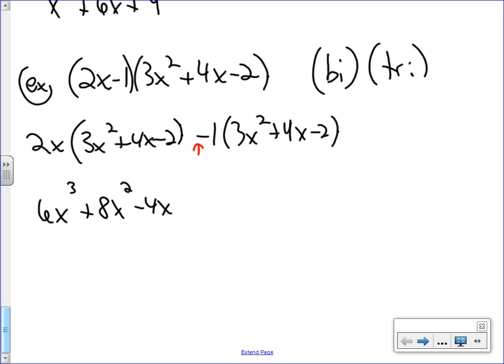Okay, it's negative 1 times the 3x squared, which is minus 3x squared, and negative 1 times the 4x, which is minus 4x, and negative 1 times 2, which is positive 2. They haven't ended up in order. You need to put them in order in your head and add your like terms.